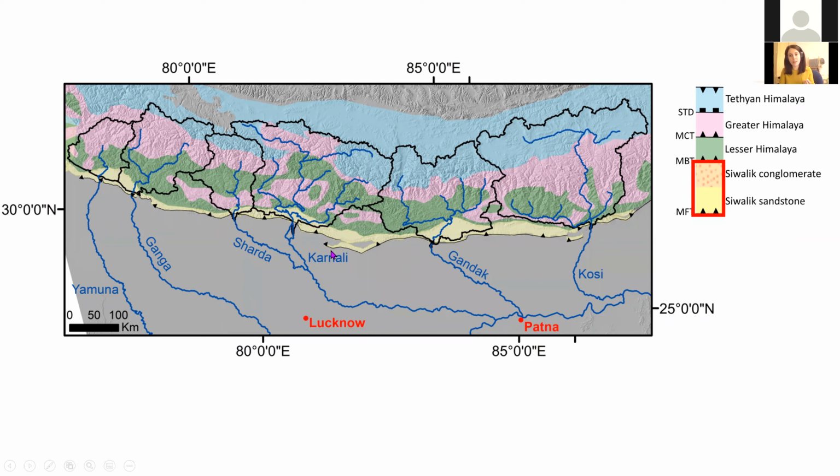Only really hard lithologies such as quartzite can survive the transport distance from this high region down to the plains, or anything which enters the channel in these frontal regions. So this made me think, well, what is the role of these frontal foothill ranges here, which are formed of Siwalik fluvial sediments, just here.